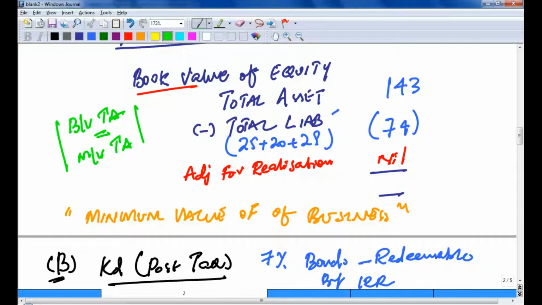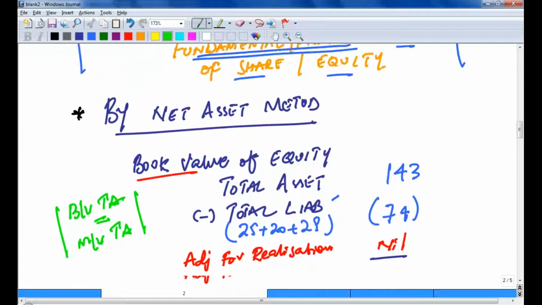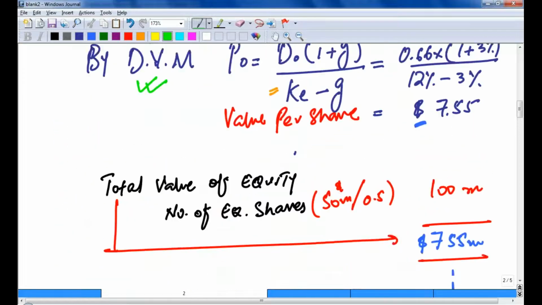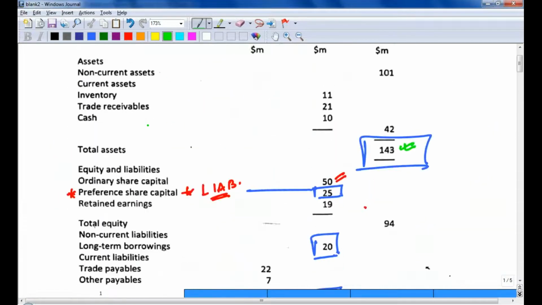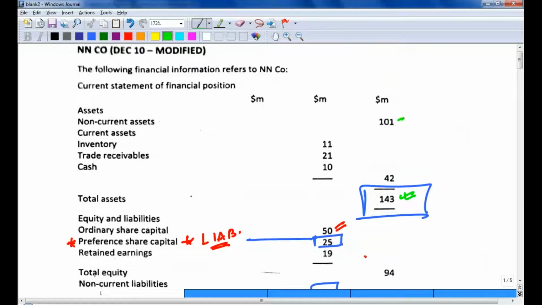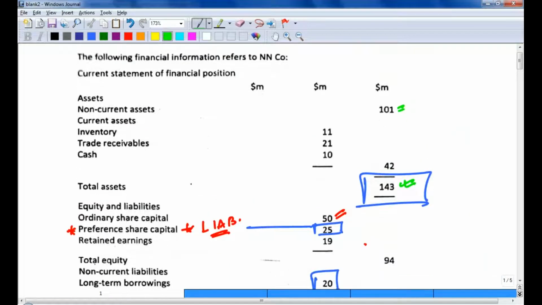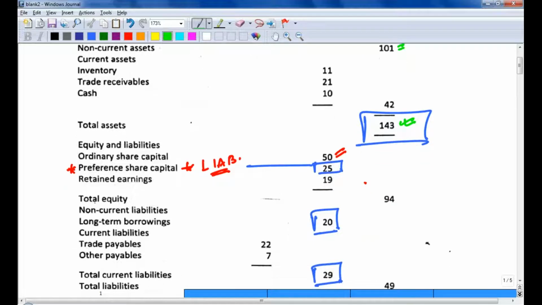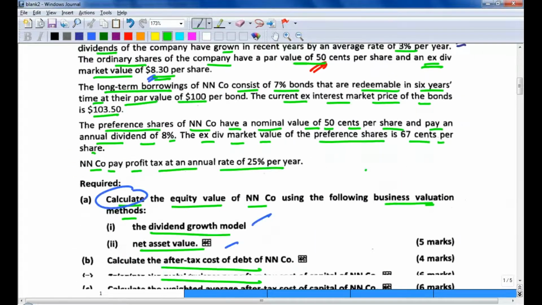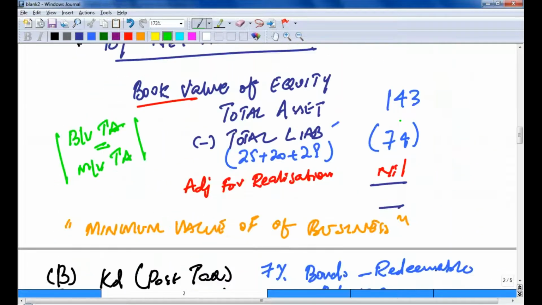Both are equal. If there is some adjustment, like if the examiner says that in total assets there is a land which has a market value $5 million more than the book value, then we have to adjust this 5 million, add on here.